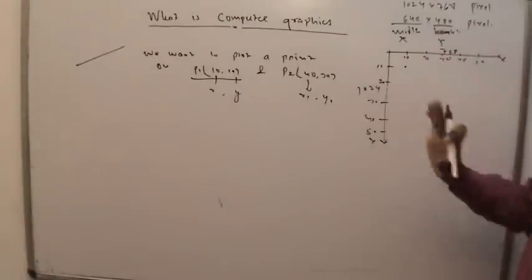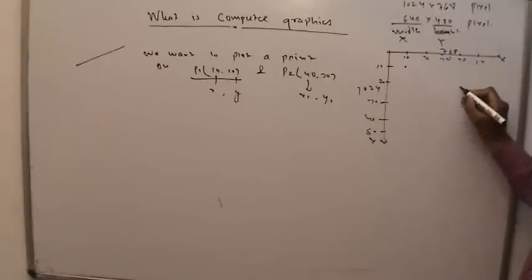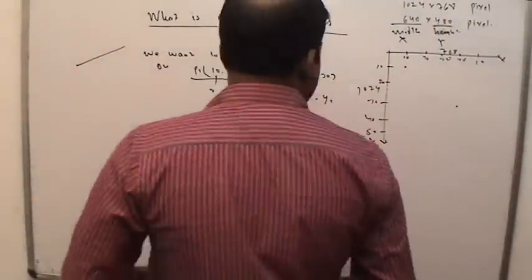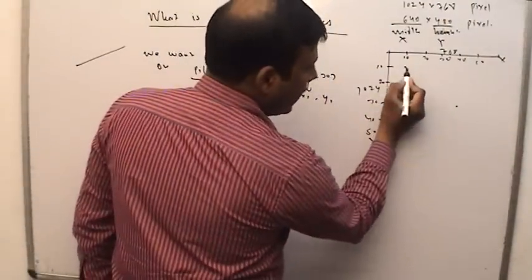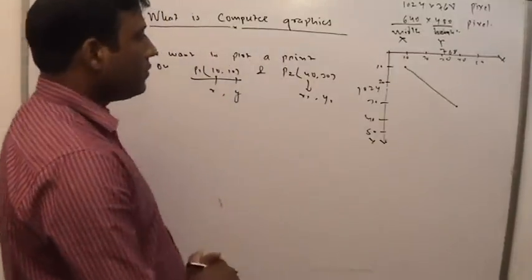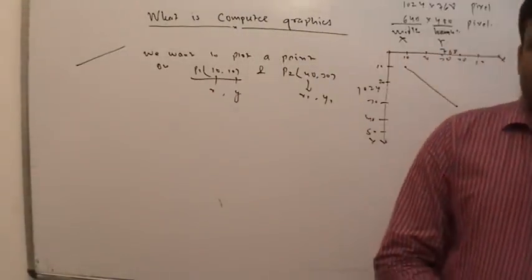So x is 40 and y is 30. We can plot the destination point, and according to the source and destination, the line will be generated. So using the line tool, we can draw any type of graphics.